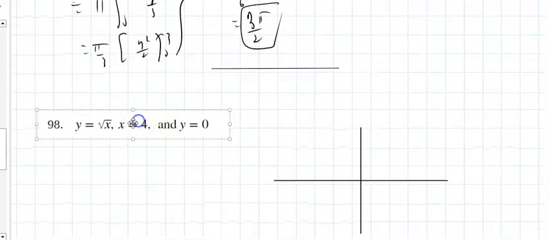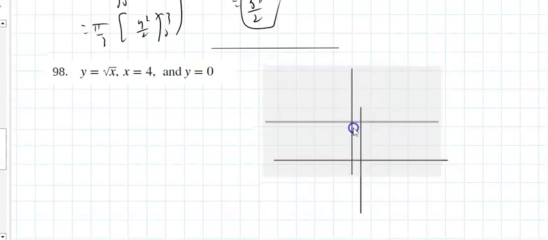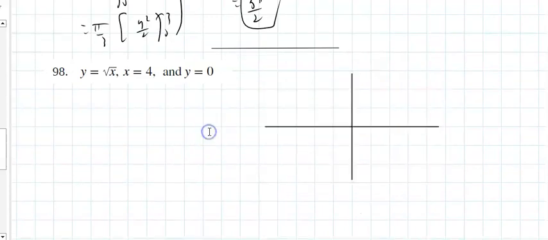And this problem, again, we did something like that before, but let's make sure we see it. Radical x: 0, 0, 1, 1, 1, 2, 3, 4. This should continue, but we're going to chop it off at x equals 4 and y equals 0. We're talking about this region.